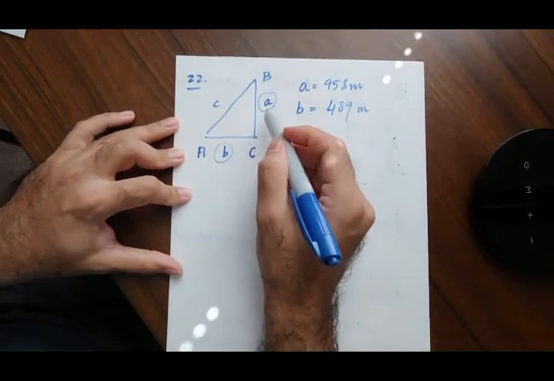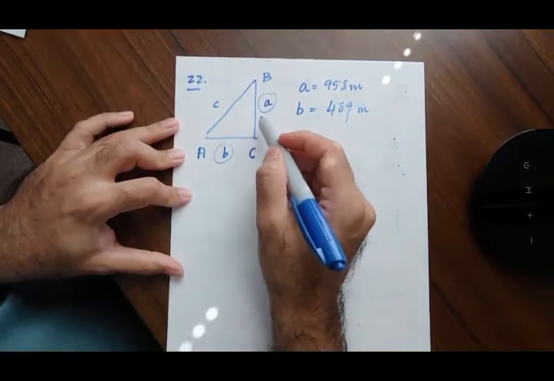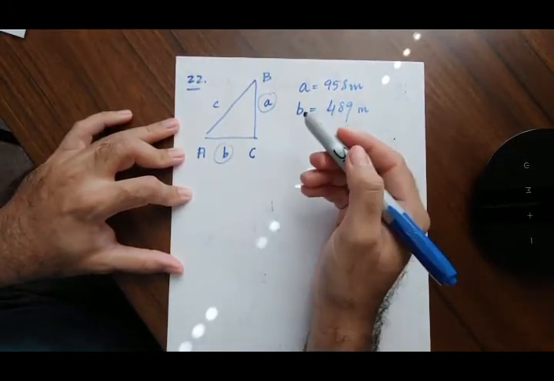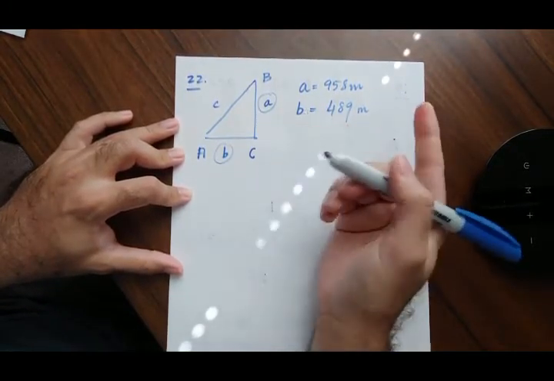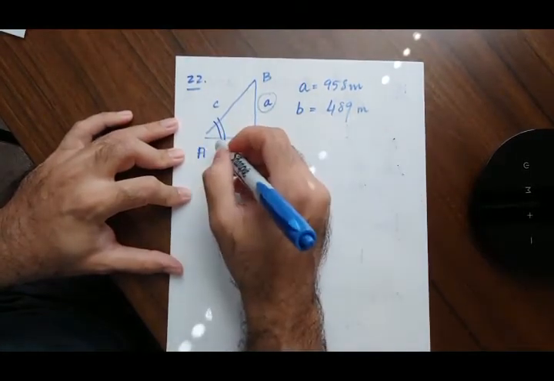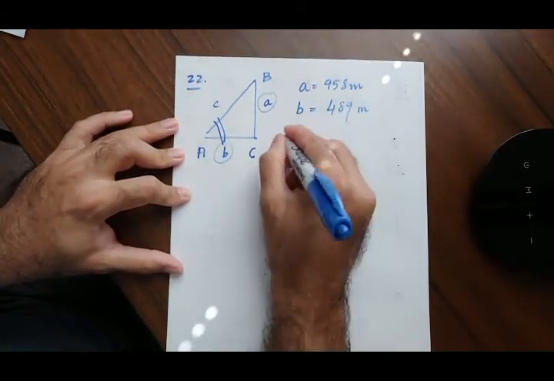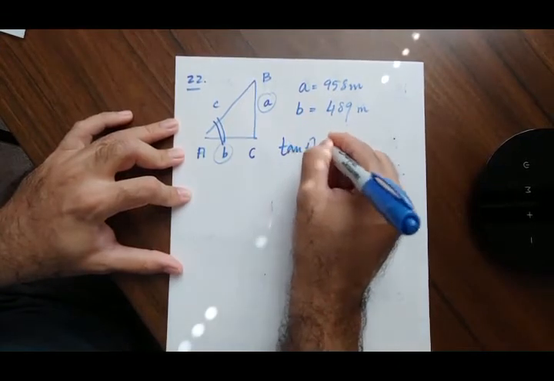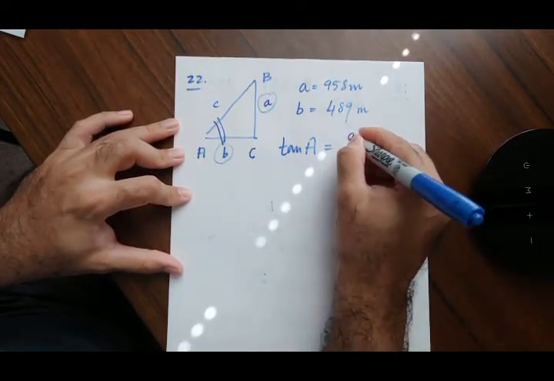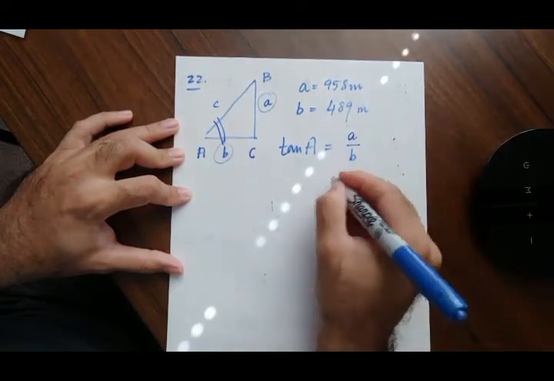Now, which trigonometric function involves these two ratios? That is tangent. So if I take the tangent of angle A, we can figure out what angle A is. So what is tangent of A? That should be A over B, opposite over adjacent.